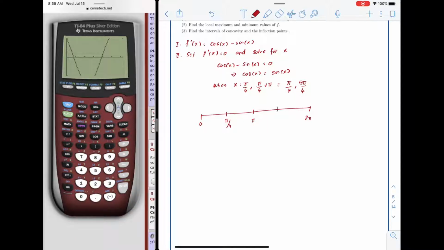I'm just arbitrarily placing these points. We want to find a value between 0 and pi over 4 so that I end up getting a test point. So I'm going to pick pi over 8. And keep in mind, you have to plug this in the derivative and not the actual function itself.